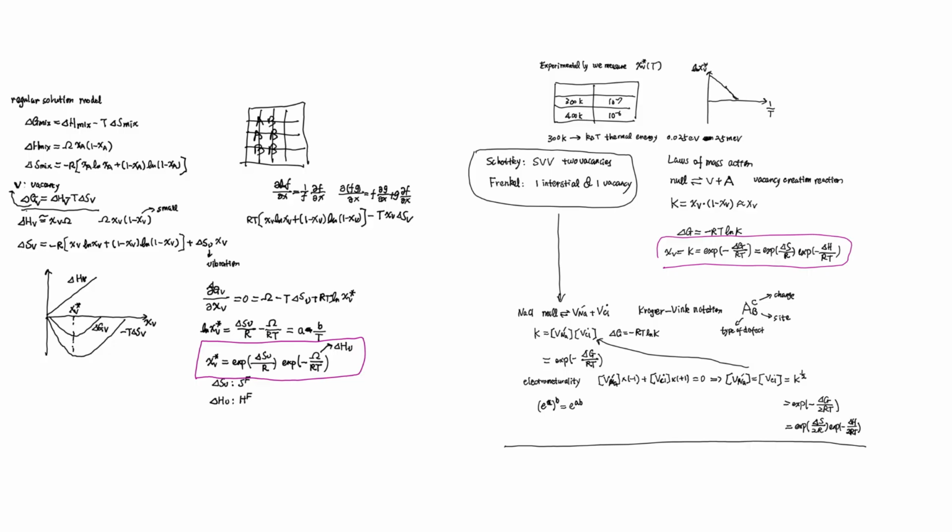Then if you want to get the XV equilibrium, we take the exponential on both sides. Then we get XV equilibrium equals exponential of delta SV over R times exponential of minus omega over RT.